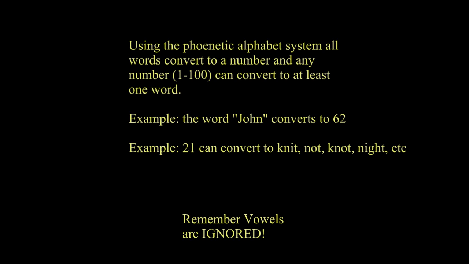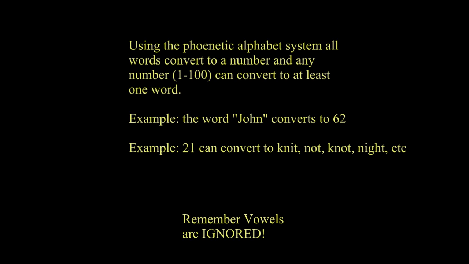Now, in the system, vowels and the sounds for W or Y do not count. So if you ask me what number the word hello converts into, the H part converts into nothing. It's just the L. There's only one consonant sound in that word, and that's the number 5. So when you say hello, I think of the number 5, and if you give me the number 5, I can easily convert that into the word hello.